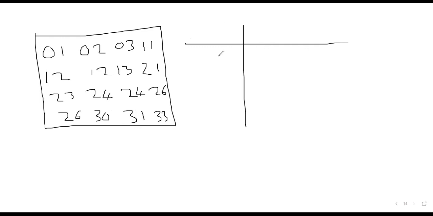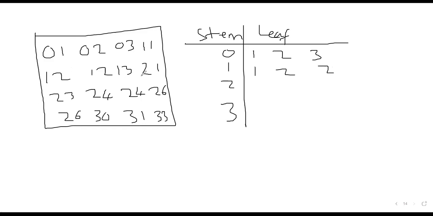Okay, so we have numbers that start with zeros, and numbers that start with 1, 2, and up to 3. For zeros, they're already arranged in order. Fortunately, the stem is already there: 0, 1, 0, 2, and 0, 3. For the ones, we have 11, 12, another 12, and 13.